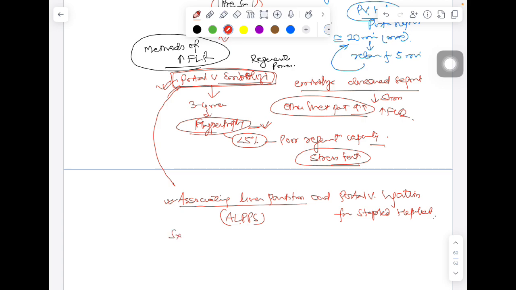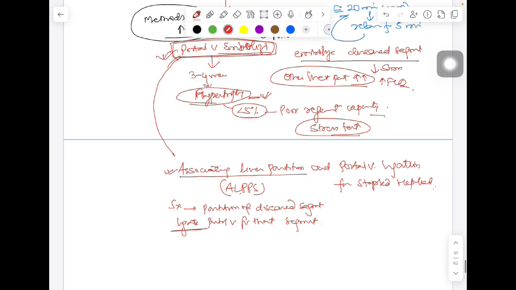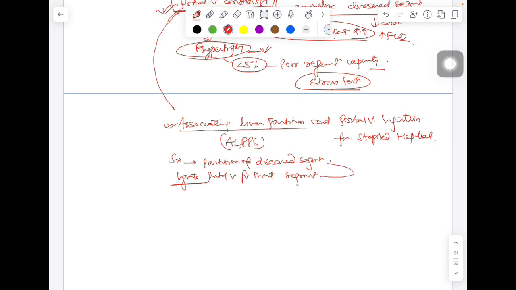You do a surgery, do a partition of the diseased segment. Not complete removal, just partition, just dissect the fibrous part and then ligate the portal vein for that segment. You do the ligation, not embolization, of that part. So this segment will become thin, dry up or necrose.